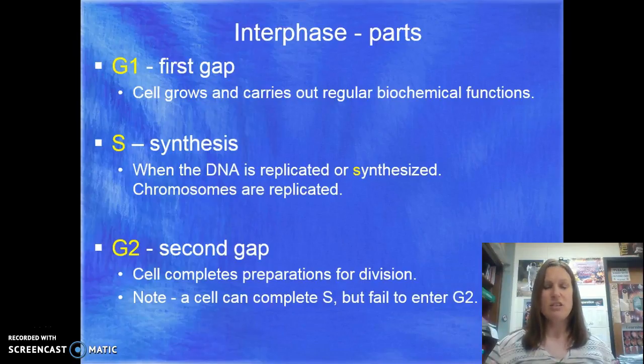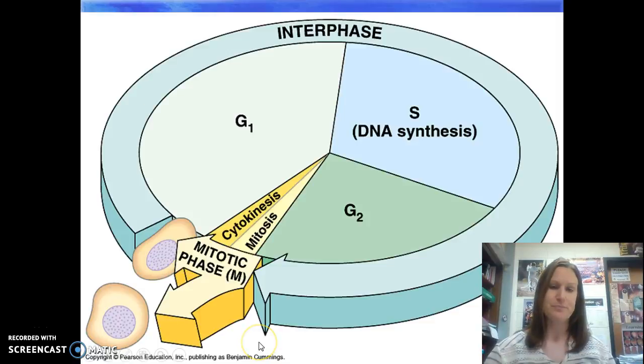It's gearing up for reproducing. Now, it is of note that a cell can complete the S phase, but it can also fail to enter G2, and we'll talk about why in a little bit, meaning that it can complete that DNA replication but then never enter the G2 phase.